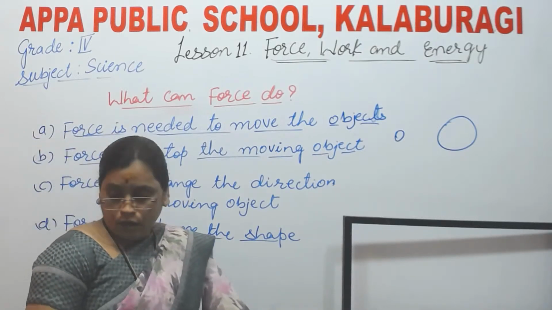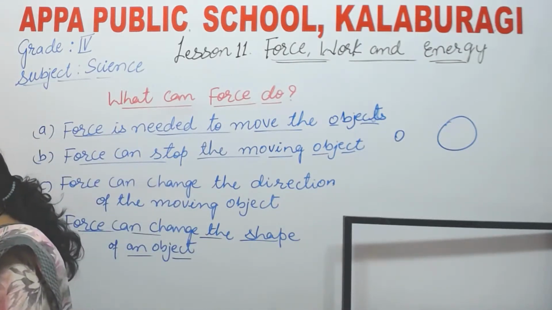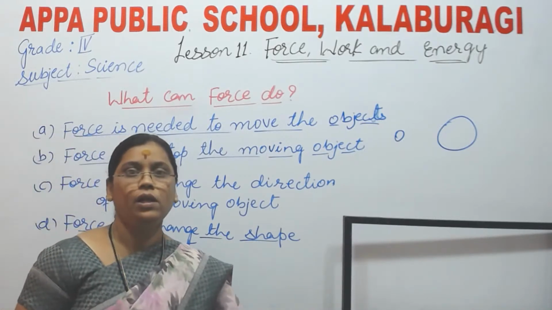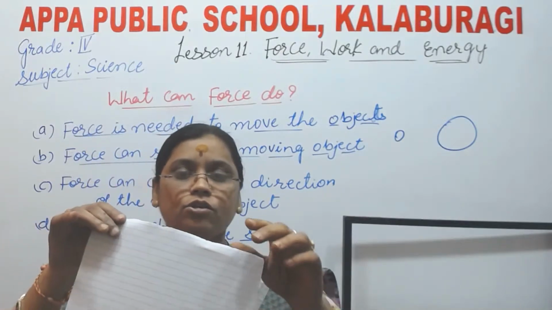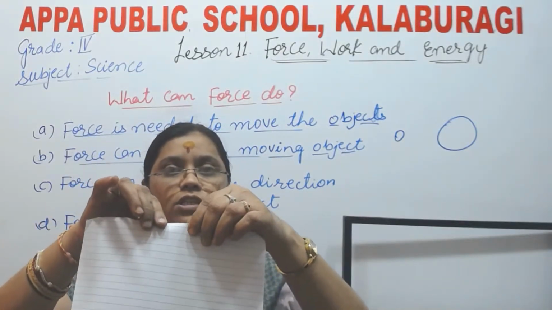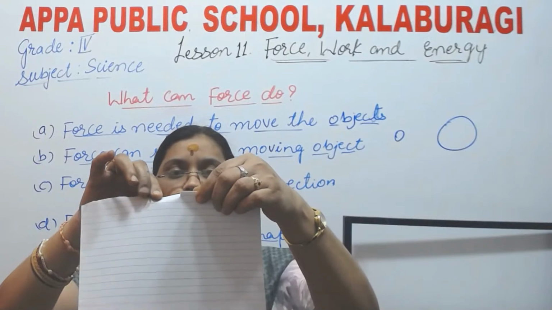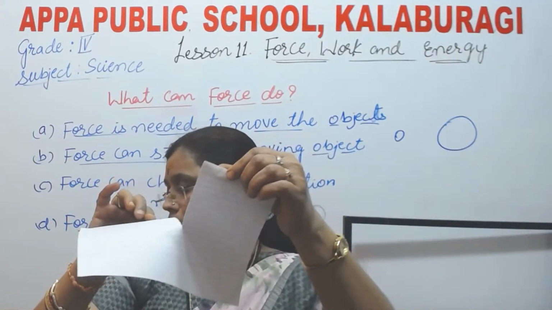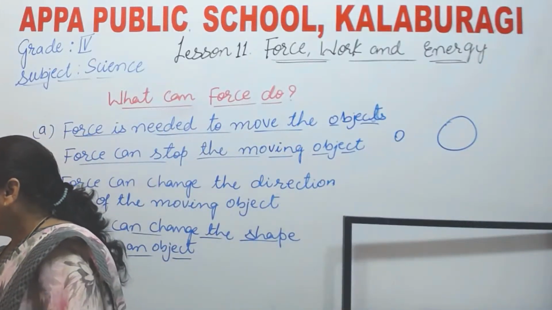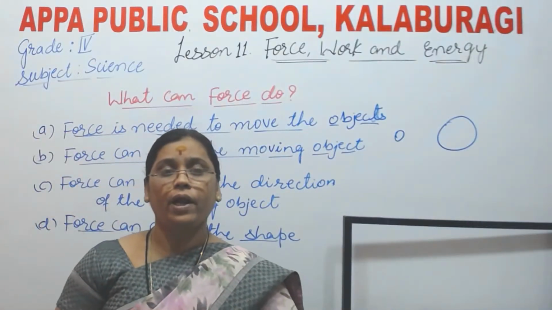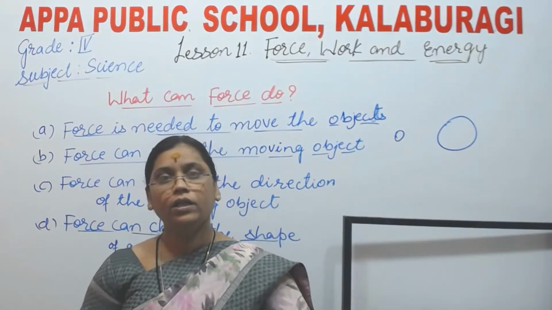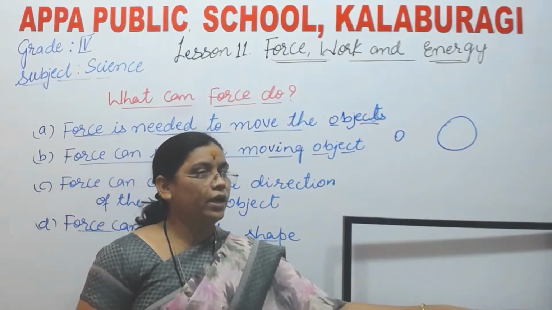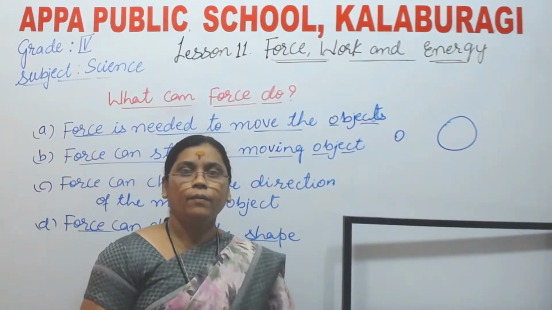So next one, force also can be used to tear things. For example, this is a piece of paper. You have to hold these two edges of this paper and pull it in opposite directions, and it will tear. So this also shows that force is applied to tear things like paper. And next one is force also can be used to break things.